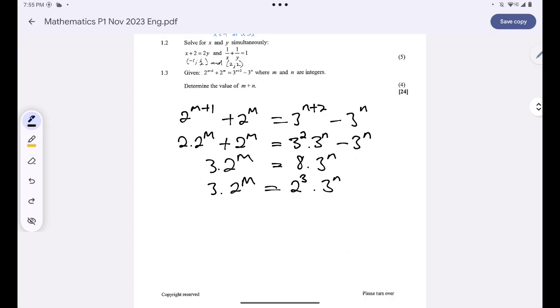In this case we have that situation, and therefore the corresponding exponents have to be equal. So n is equal to 1 and m is equal to 3. So therefore the value of m plus n is equal to 3 plus 1, which is 4.